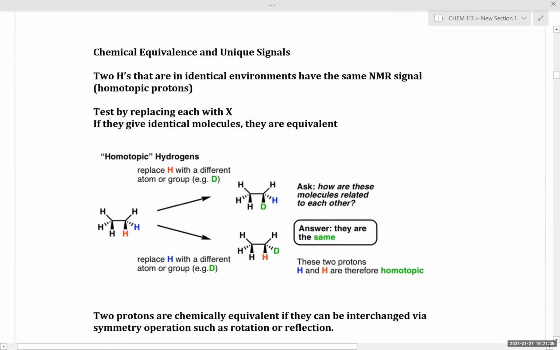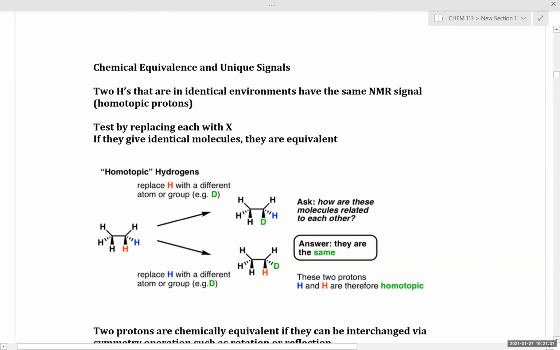Okay, so the first idea that we need to bring up is chemical equivalence and unique signals. Two hydrogens that are in identical environments will have the same NMR signal. We call them homotopic protons. The best test that you can do for this is to replace each proton with a group X. If they give identical molecules, then they are equivalent.